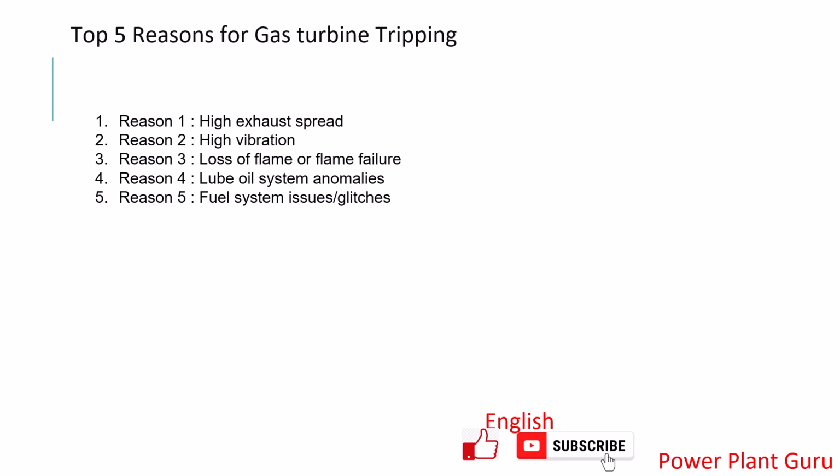I have taken an example of 9E machines where you can understand what the equipments are, how they are placed, and their high-level function, and then in the next video we can understand the tripping or the anomalies there. So let's go.